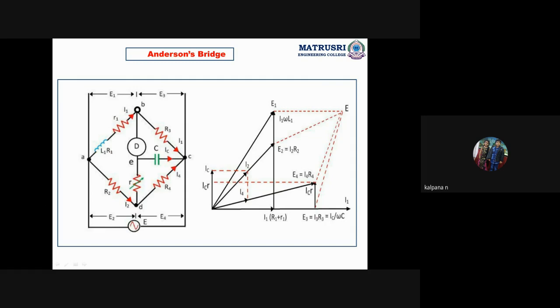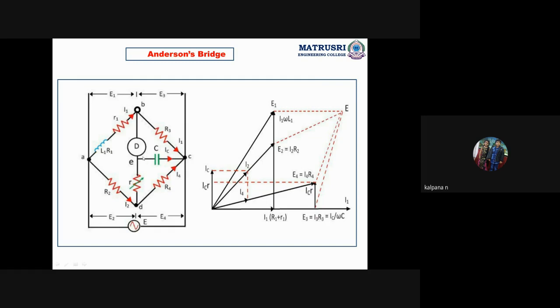So we need to make the voltage drop across the BE terminal zero. First, the drop across BA is equal to AD plus DE.